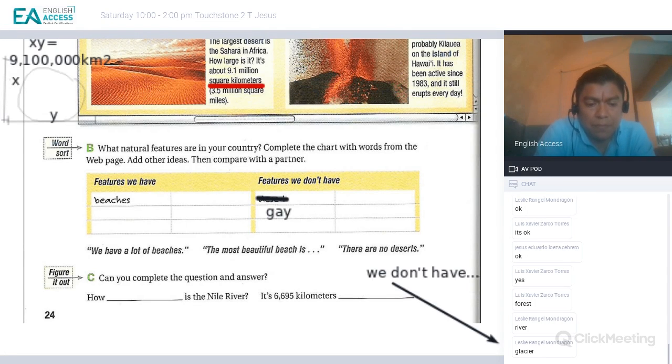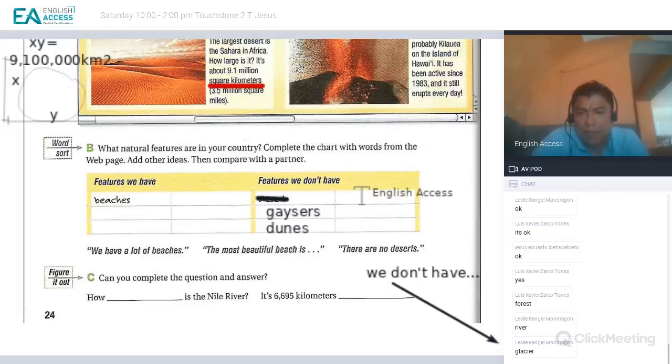Geysers and dunes. And of course, the glacier. Yes, there you go. Okay, that's the ones we don't have.